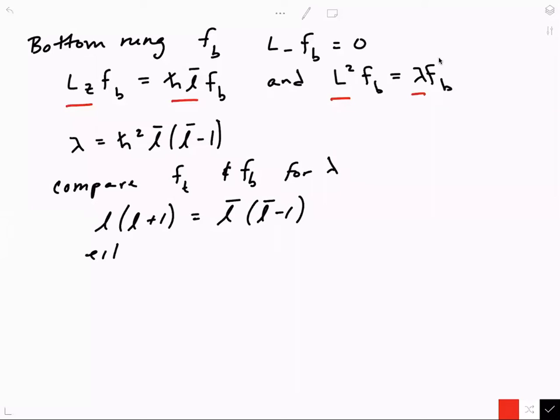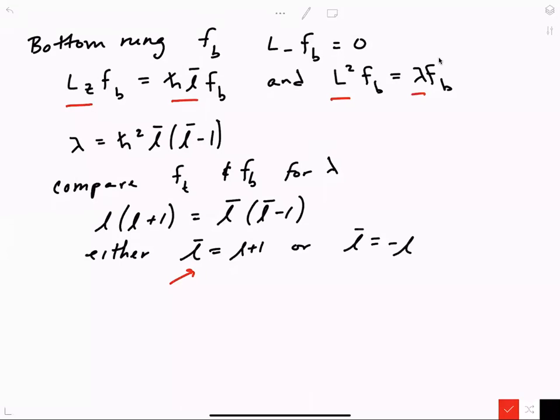So that says that either L bar has to equal L plus 1, or L bar has to equal minus L.